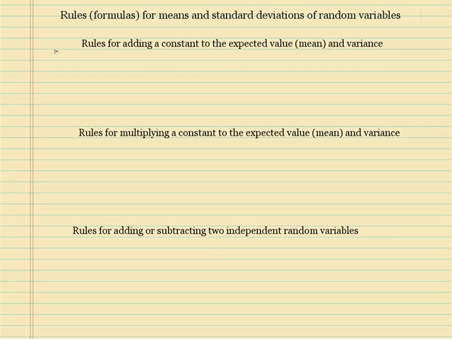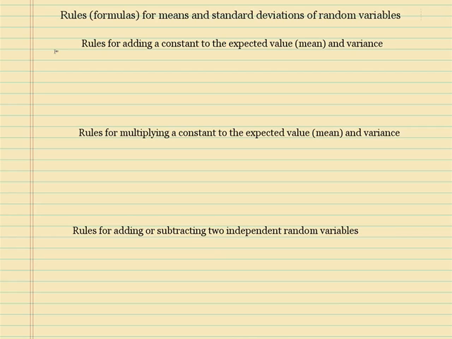We are moving on from working inside of tables to knowing the rules for working with the means and standard deviations once they've been manipulated. This is similar to something we did back in chapter 3 or 4, maybe even chapter 5, where when you add a constant to the mean, you would add it.